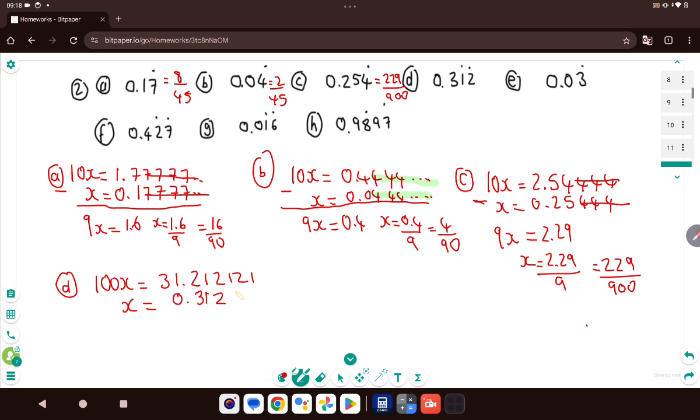It disappears from here onwards, right? 99x. 31.2 minus 0.3 is 30.9. Divide both sides by 99. Multiply the numerator and denominator by 10. Simplifies to 103 over 330.